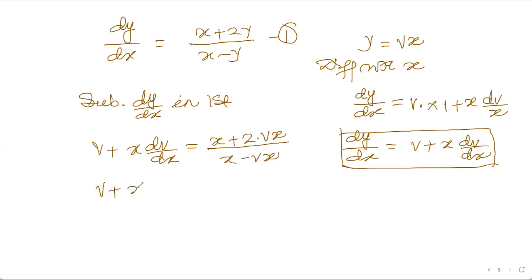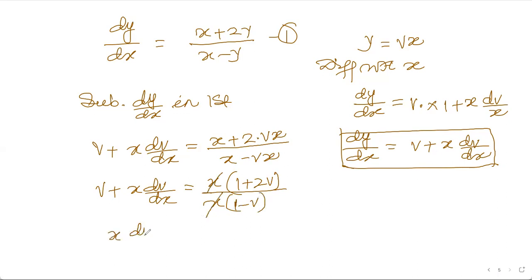Then proceeding further, take x common: 1 plus 2v, and here take x common: 1 minus v. x gets cancelled, so x dv by dx is, in terms of the new variable, (1 plus 2v) upon (1 minus v), and this v is transferred to this side.